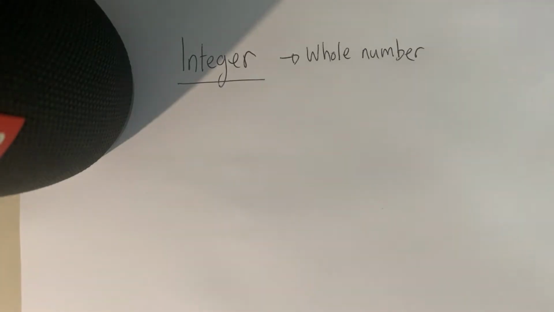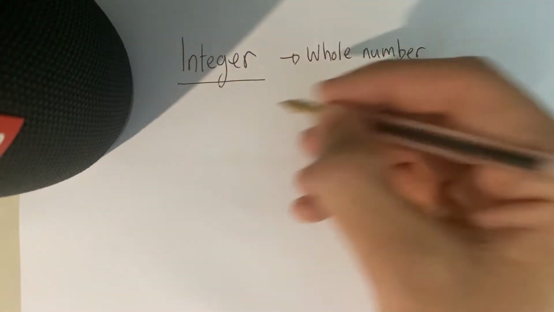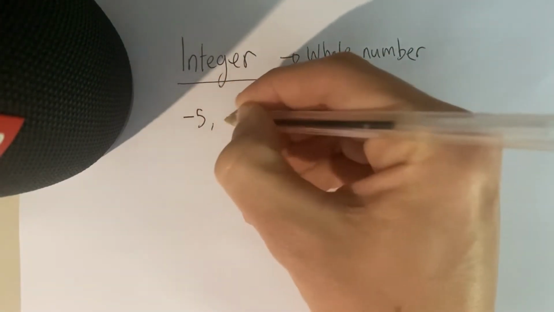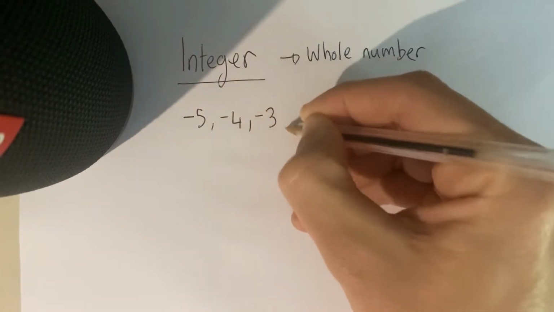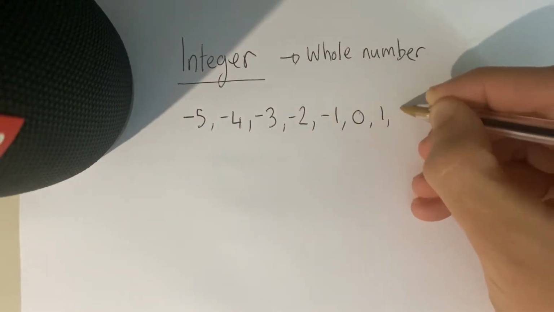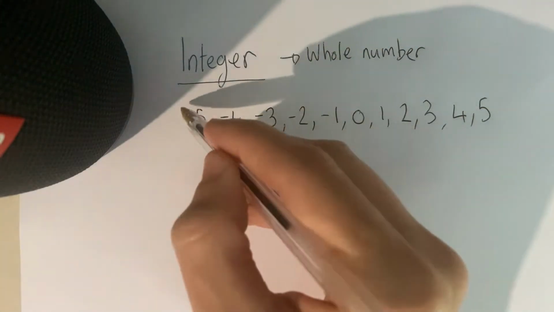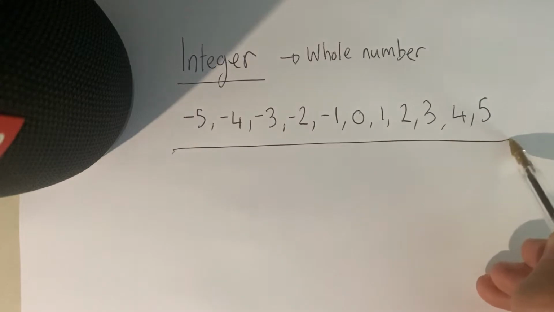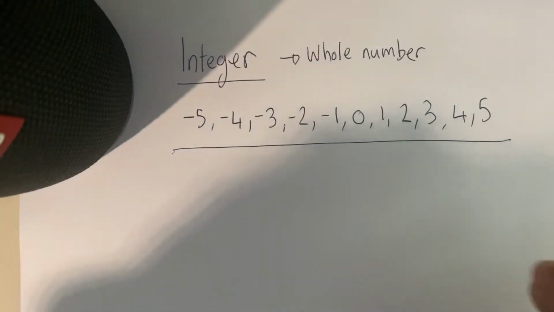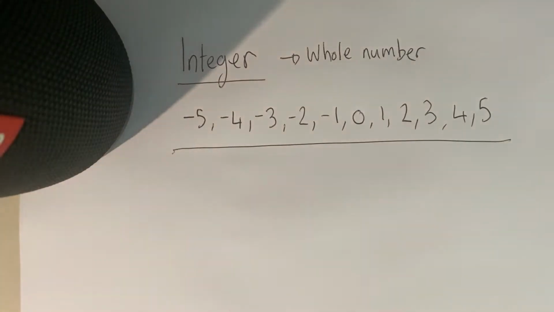So if I was going to write down some integers for you, I might go -5, -4, -3, -2, -1, 0, 1, 2, 3, 4, 5, all of these count as integers. And the pattern would continue. We could have -6, -7, -8. We could have 6, 7, 8. It doesn't even have to be symmetrical. So these are the numbers that are referred to as integers.